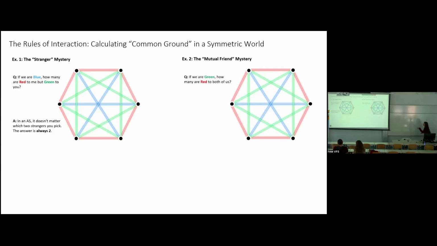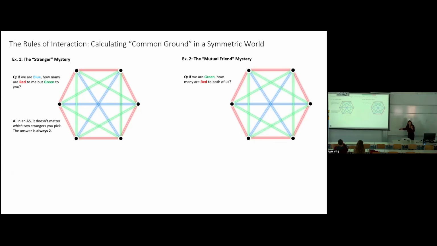Okay, another example on the second one. Now we are green, so acquaintances, friends of friends, and we want to count the common close friends, best friends. Again, let's check. What's the number here? You expect at this point that again it will be a constant number for each of them. Of course, probably different, but could also be the same, and who cares? So what we are doing now is considering acquaintances and counting these triangles. And you can see this is the only one, and this is the same for any of them.